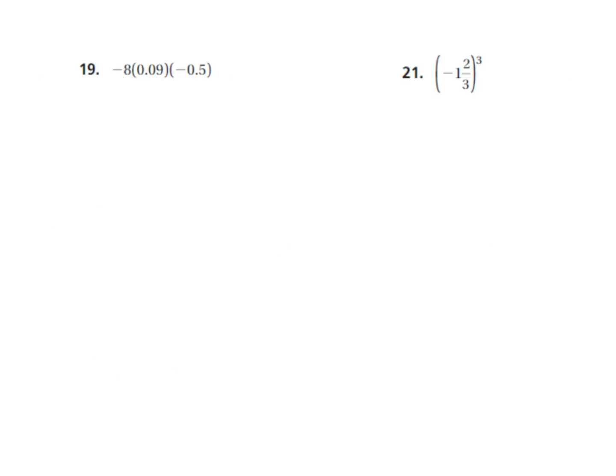For number 19 and 21, we just have a couple extra steps here. So let's go ahead and just multiply our decimals first. 0.09 times 0.5. 9 times 5 is 45. 5 times 0 is 0, and 4 is 4. 3 digits after a decimal point. So we get 0.045.